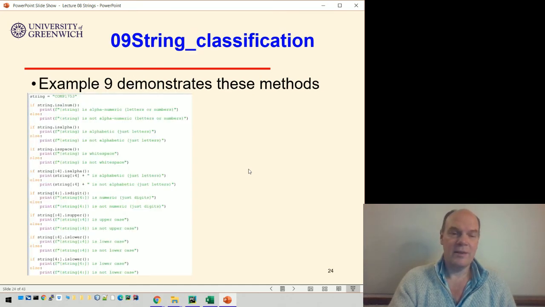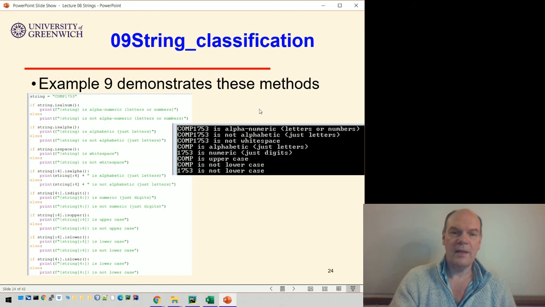Okay, so here's another example. There's a string COMP1753. It tells us it's alphanumeric. It is. Because it's just letters and numbers. It's not alphabetic, okay, because it's not just letters, it has some numbers in there. It's not whitespace for sure, there's no whitespace in it.